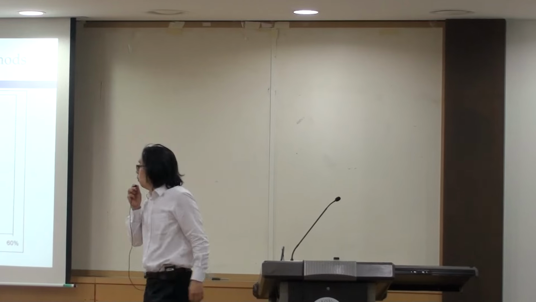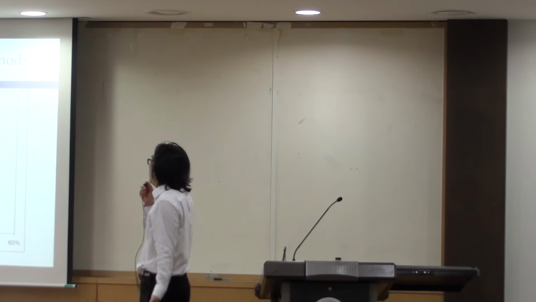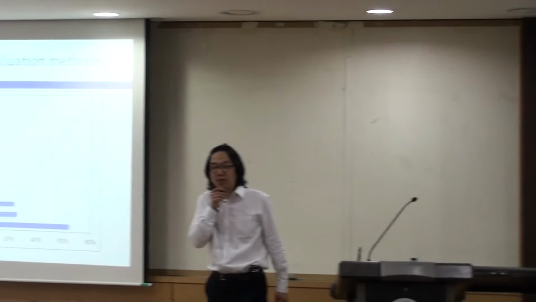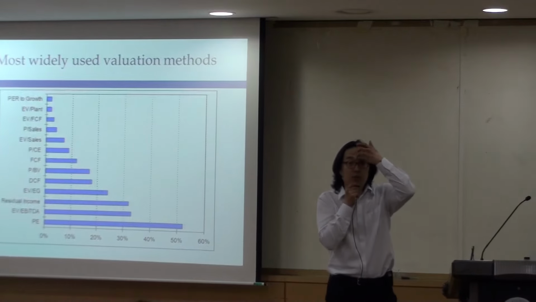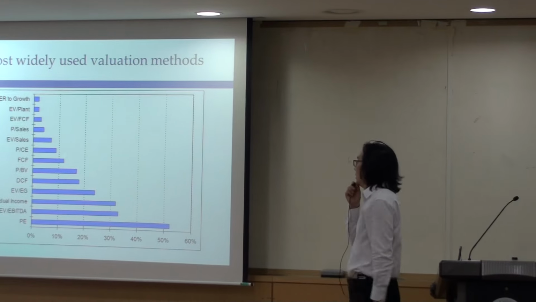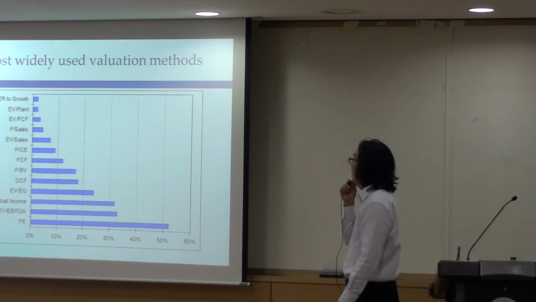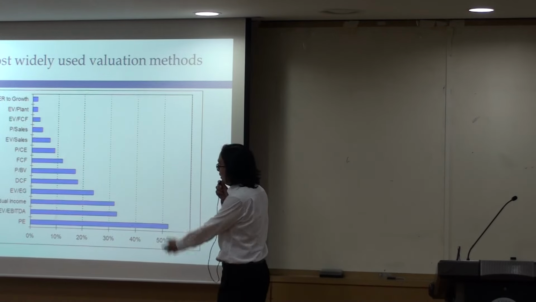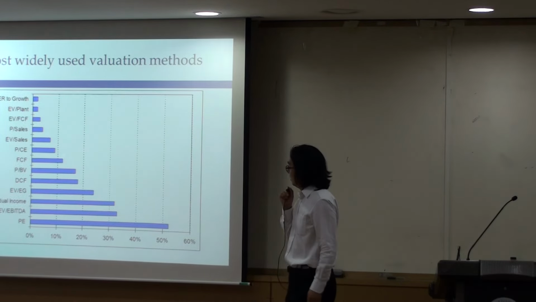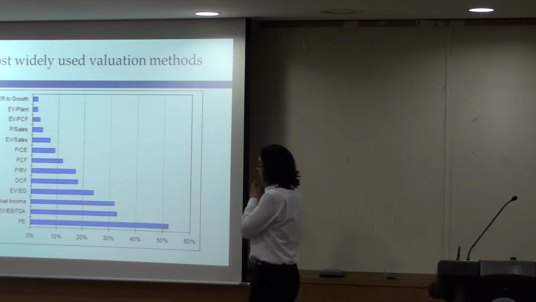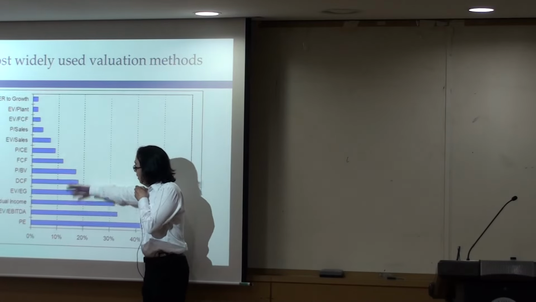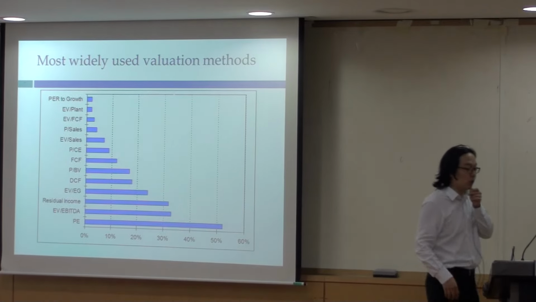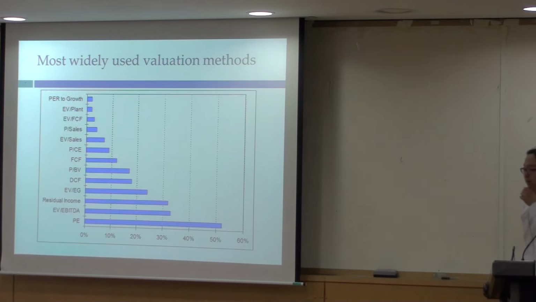Then what are the most popular multiples people use? By far, the PE ratio. Okay, PE ratio, long history. It has been there for a long time, and these days, increasingly, they are using EV to EBITDA multiples, and some other multiples like price to book ratio. And here are some other valuation tools like the residual income model or DCF model.